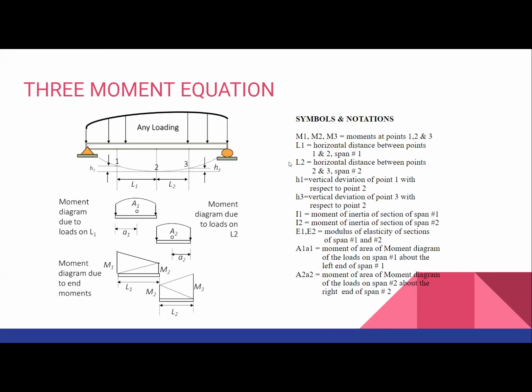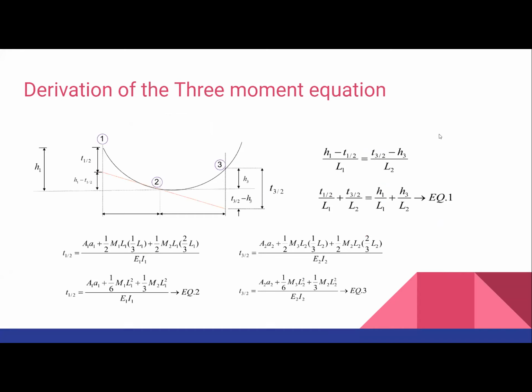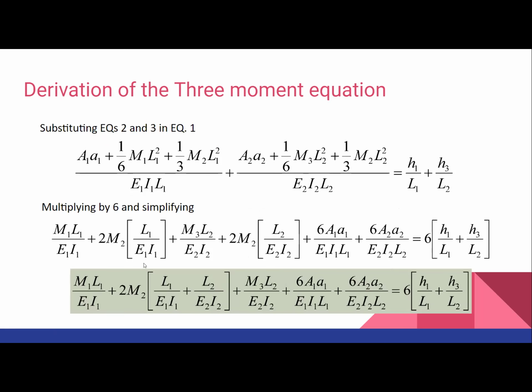And then we have here the relationship between 3 points. And then I also have here the derivation. Basically, we use the tangent deviation relationship of a line and then derive this general equation. So I'll just get straight to the point.